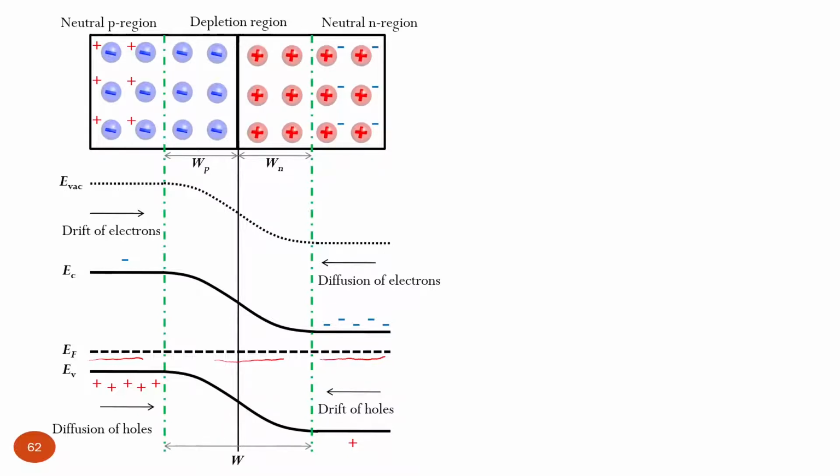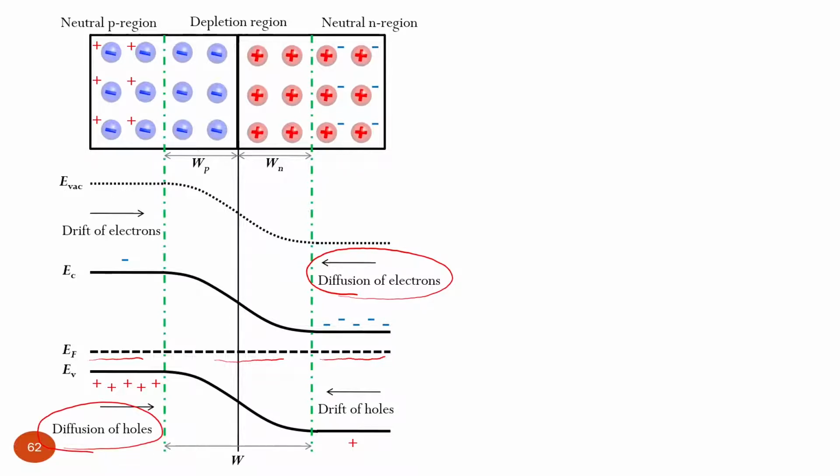And as a result, because of initial diffusion of majority charge carriers, electrons from n-type and holes from p-type in opposite directions, so these are diffusion of electrons and diffusion of holes as majority charge carriers.